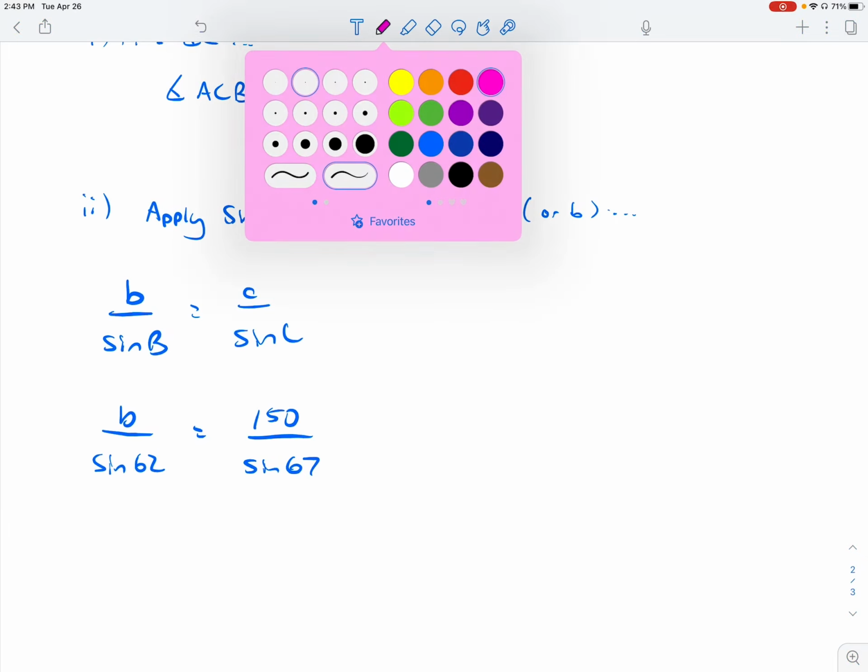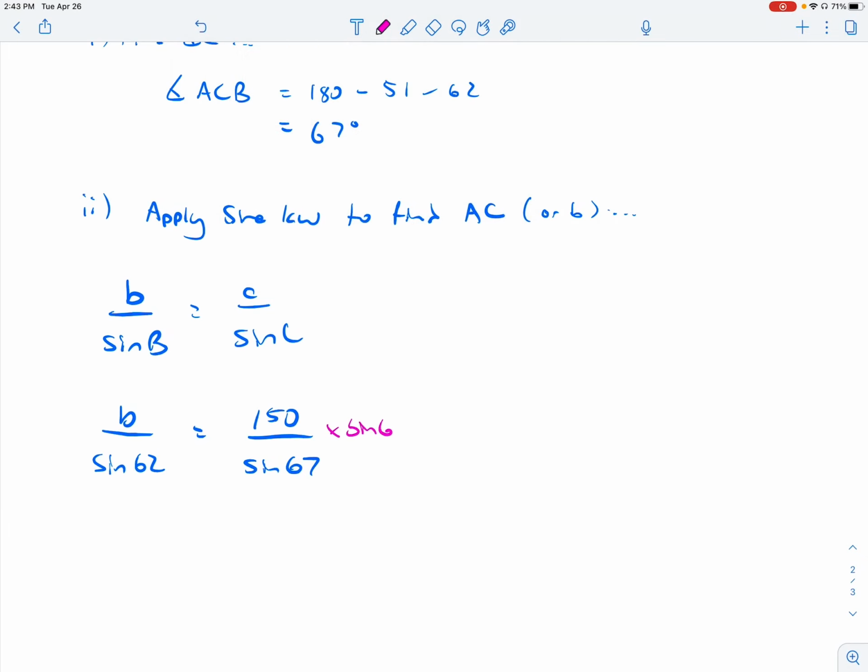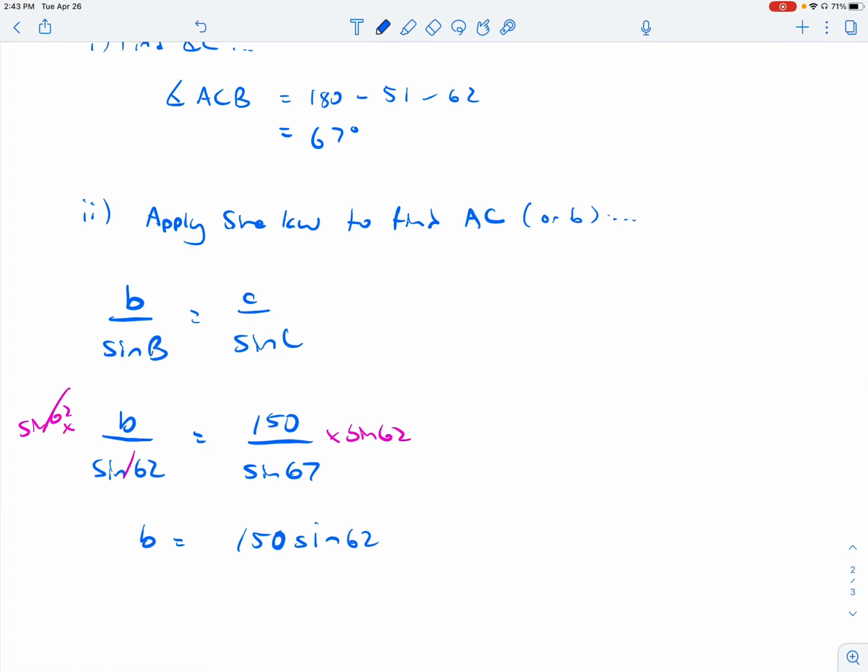Multiply both sides by sine 62, that way that cancels, and we can say b is equal to 150 sine 62 over sine 67.